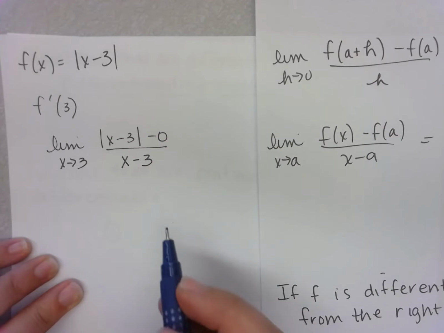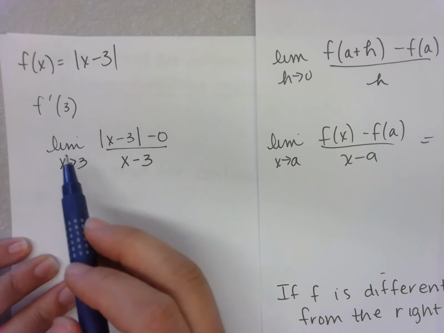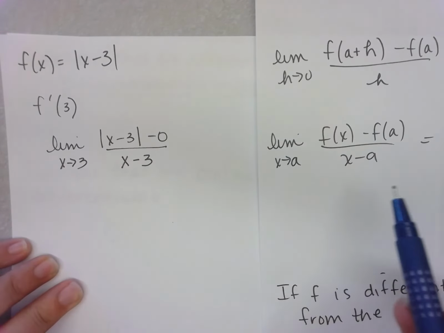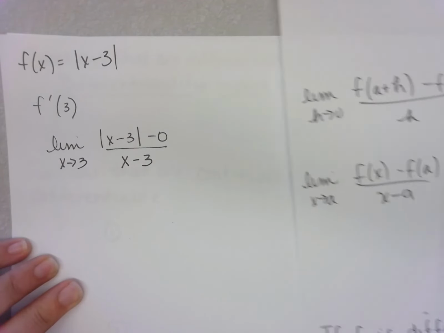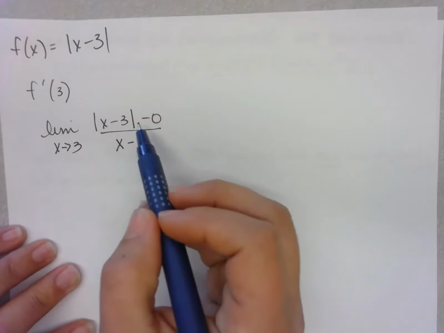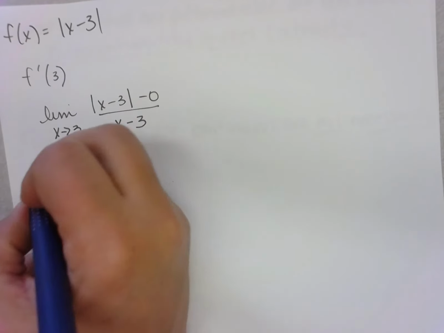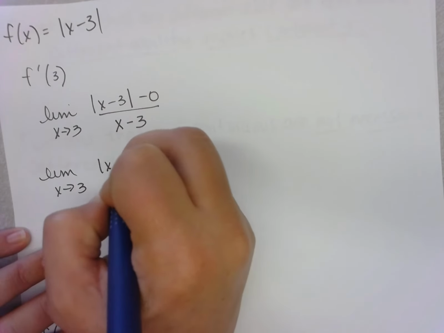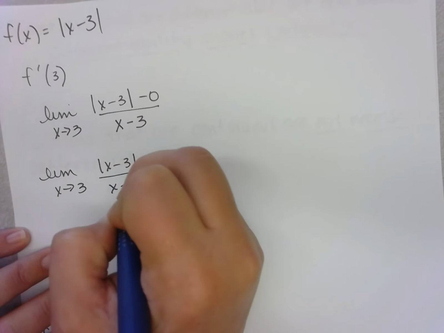You see the relationship, I'm taking it from this formula using this f. So I can drop the 0, there's no point in looking at that. So the limit as x approaches 3 of the absolute value of x minus 3 over x minus 3.